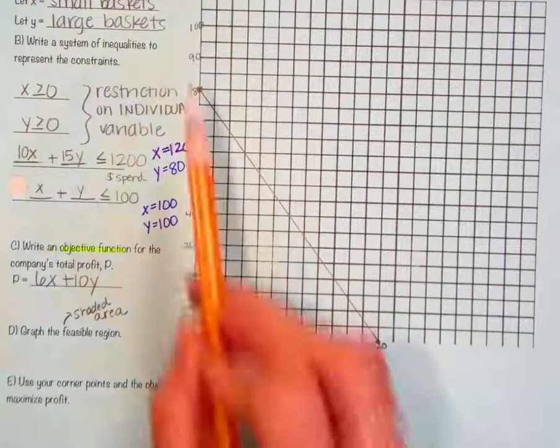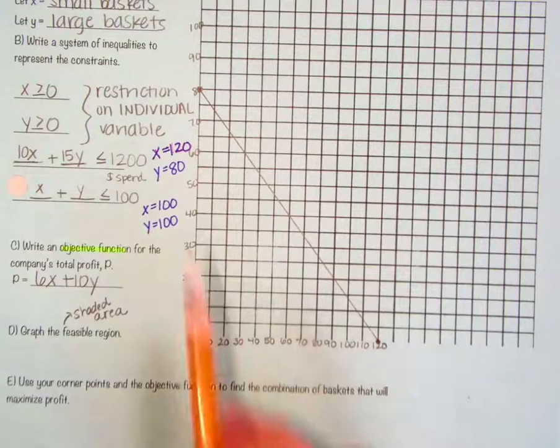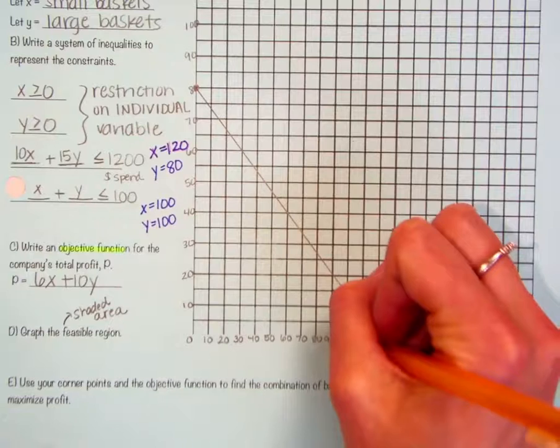My next inequality had an x and y-intercept both at 100.